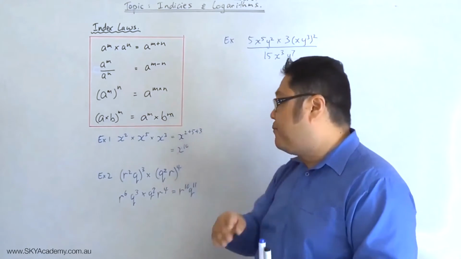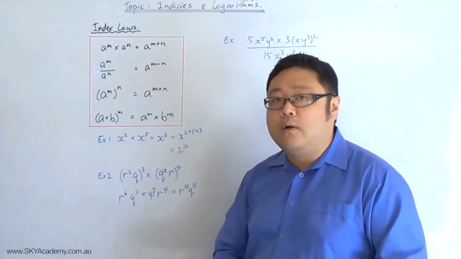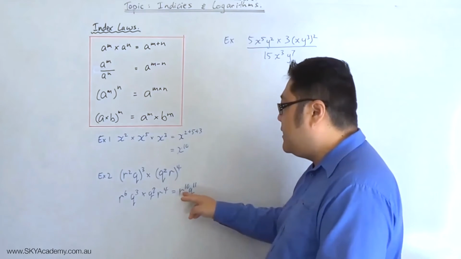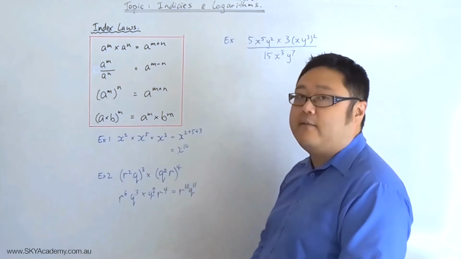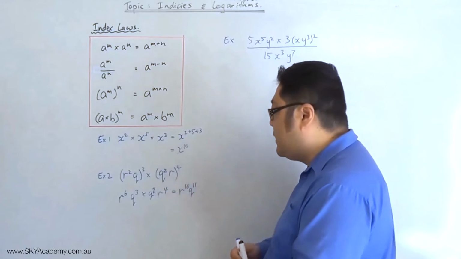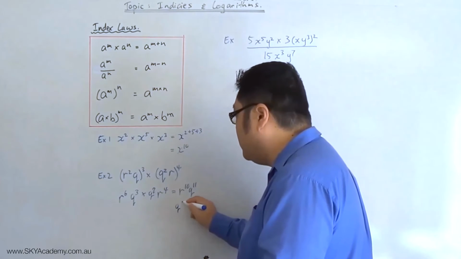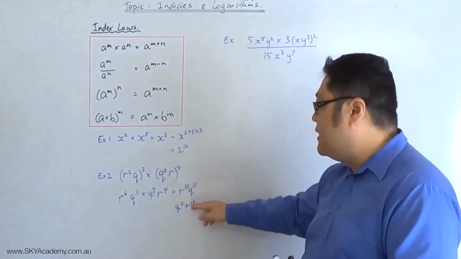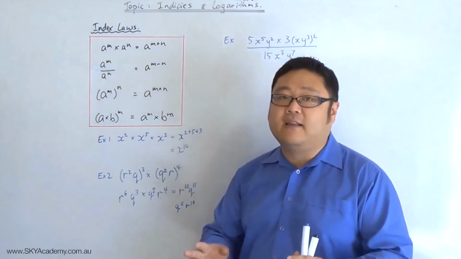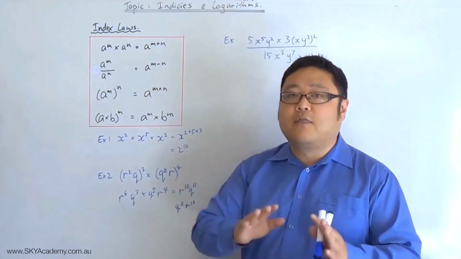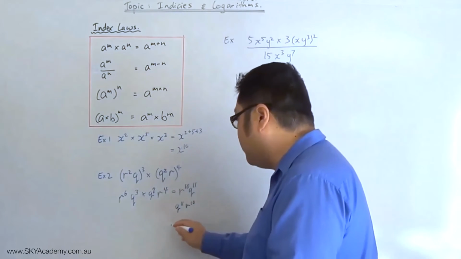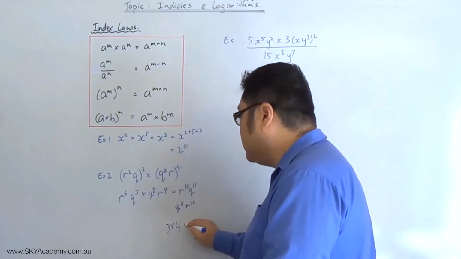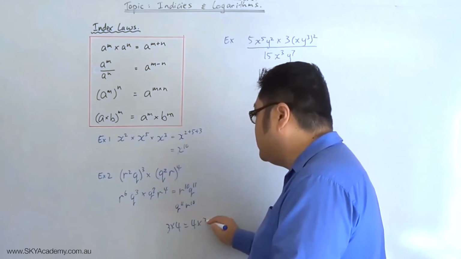What I want you to also notice is that r to the power of 10, q to the power of 11 was your answer, but we could just as easily have written q to the power of 11, r to the power of 10. The reason these two answers are just as valid is because 3 times 4 is also equal to 4 times 3.